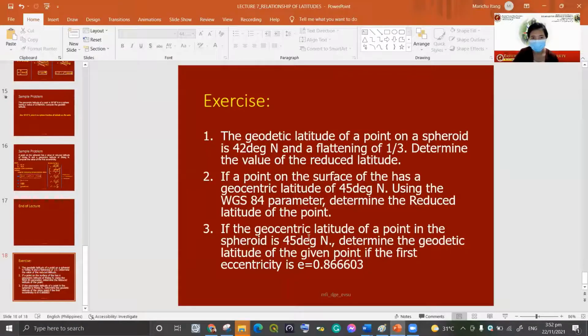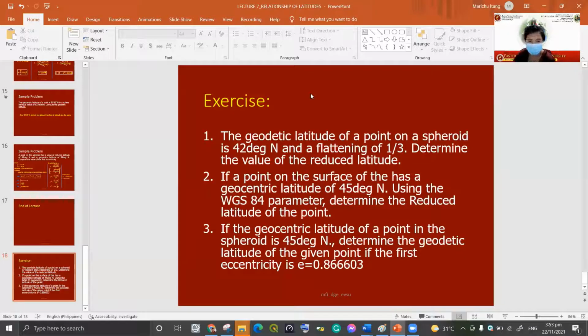So if the geocentric latitude of a point in this problem is 45 degrees north, determine the geodetic latitude of the given point if the first eccentricity is 0.866603.